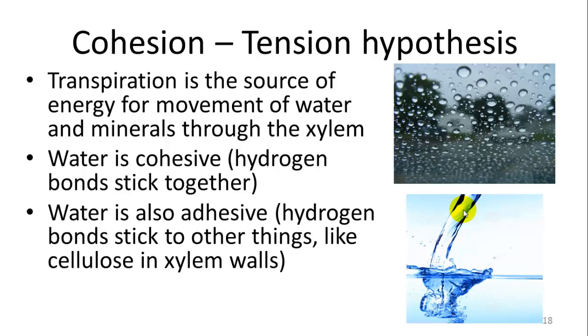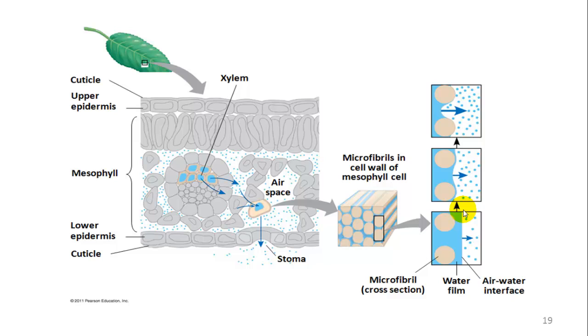Water is also adhesive, so it will stick to other things as well, including the cellulose in the xylem walls. That counteracts the force of gravity pulling it down. So these cohesion and adhesion properties reduce the effects of gravity and make a continuous connection between the water molecules, so they're pulled all the way through the xylem.